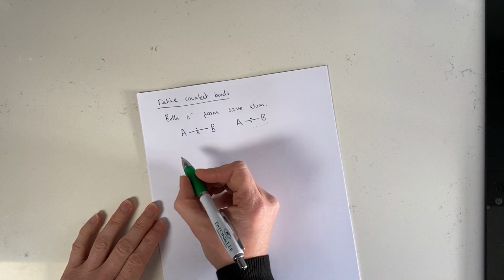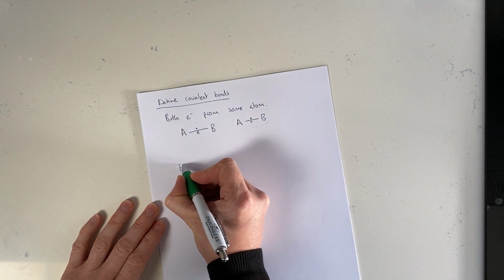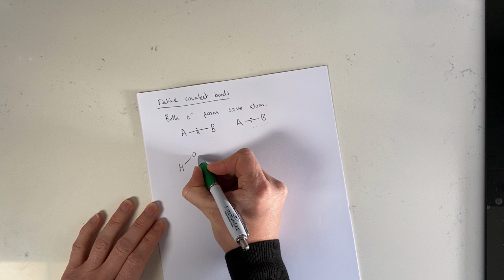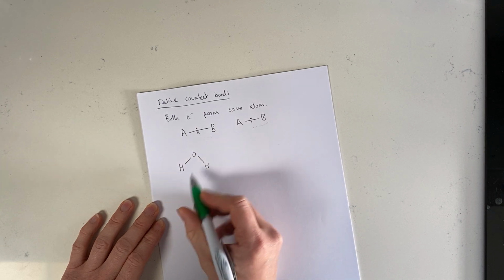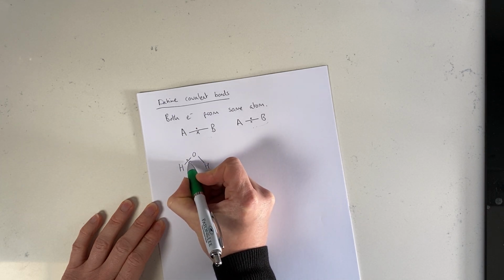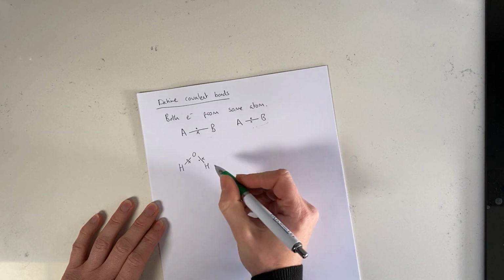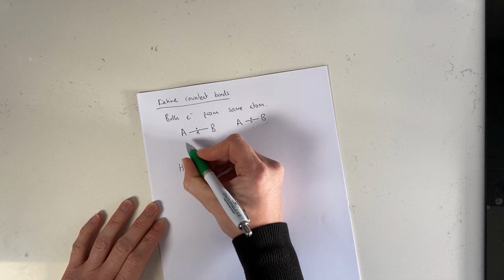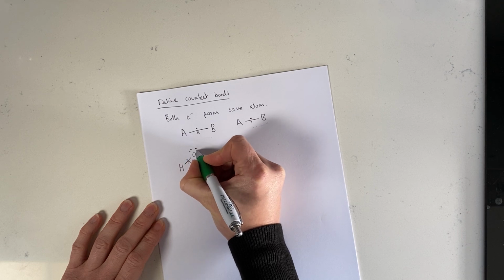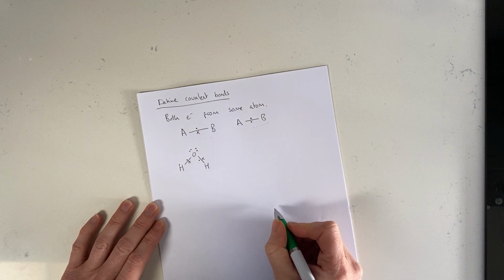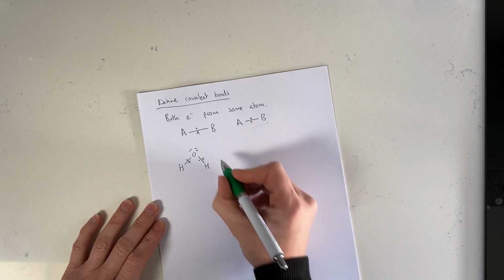So one of them we might have is if we've got water. If we think about water, remember we've got, these are normal, as it were, covalent bonds. So these are a dot and a cross. Oxygen's in group 6, so 1, 2, 3, 4, 5, 6. So the oxygen of water has got two lone pairs.